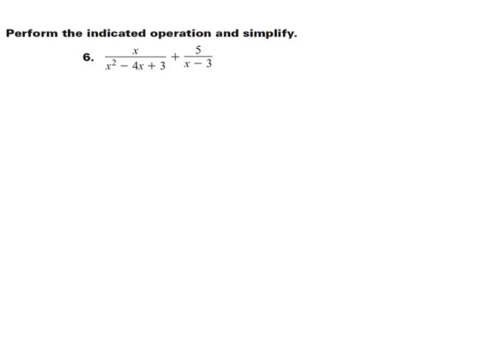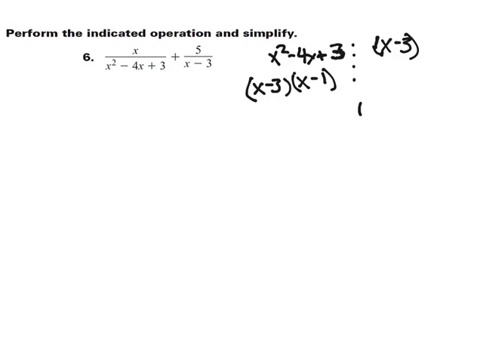So I'm going to have to find my least common denominator on this one. First, let's find it. X squared minus 4x plus 3. Pen's messing up. So x minus 3 we're not going to be able to, but we're going to find factors of 3 that sum to negative 4, which is x minus 3, x minus 1.